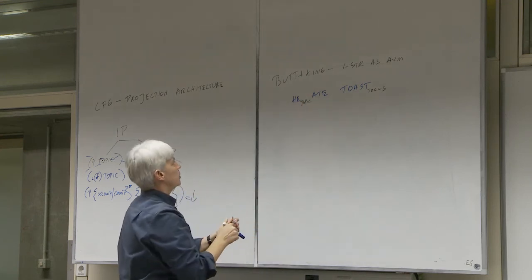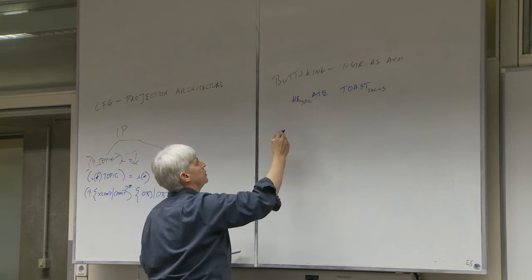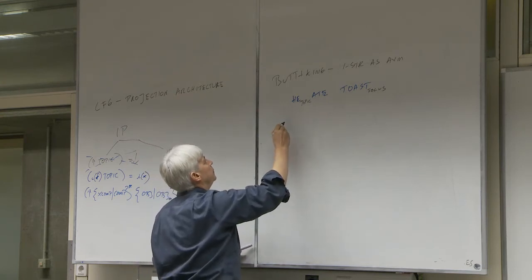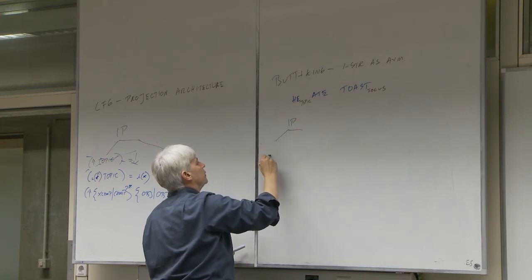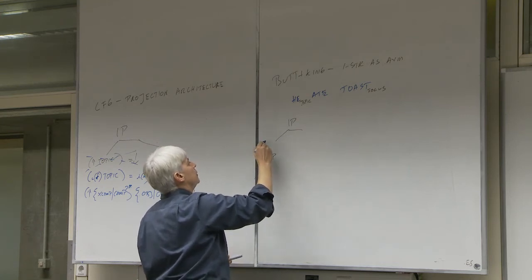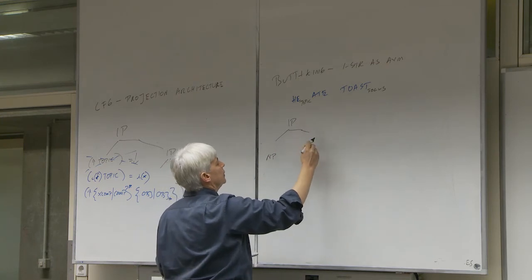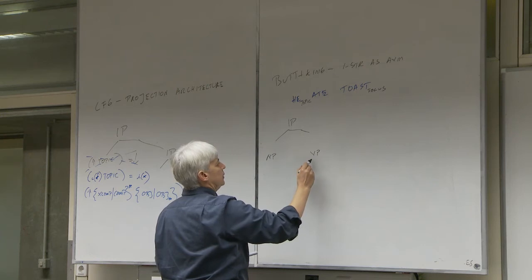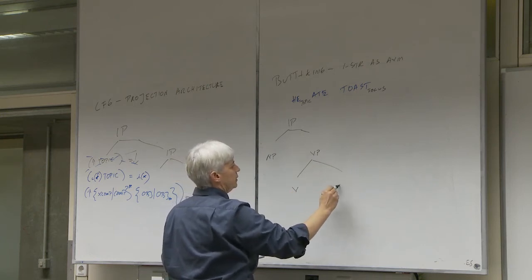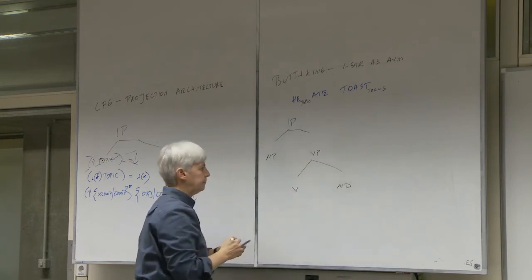What we would do is we would have this kind of, let me see what we do here. This will be a VP. This will be a V and an NP.